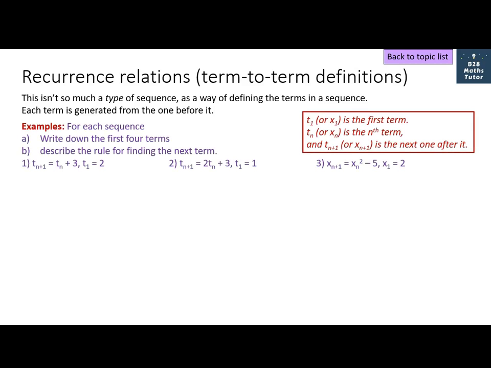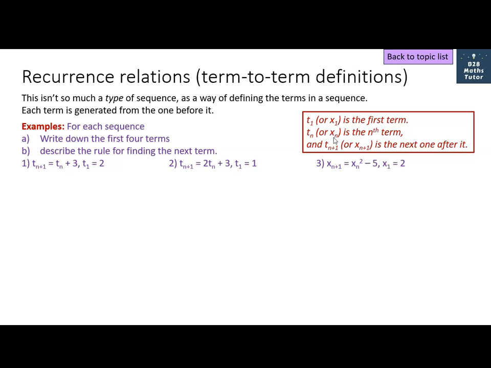So here are some examples. T1 is just a shorthand way of writing the first term. Sometimes they might use X1 or even U1, but at GCSE it generally tends to be T1. Tn is the nth term, so if it's T5, that's the fifth term in the sequence.